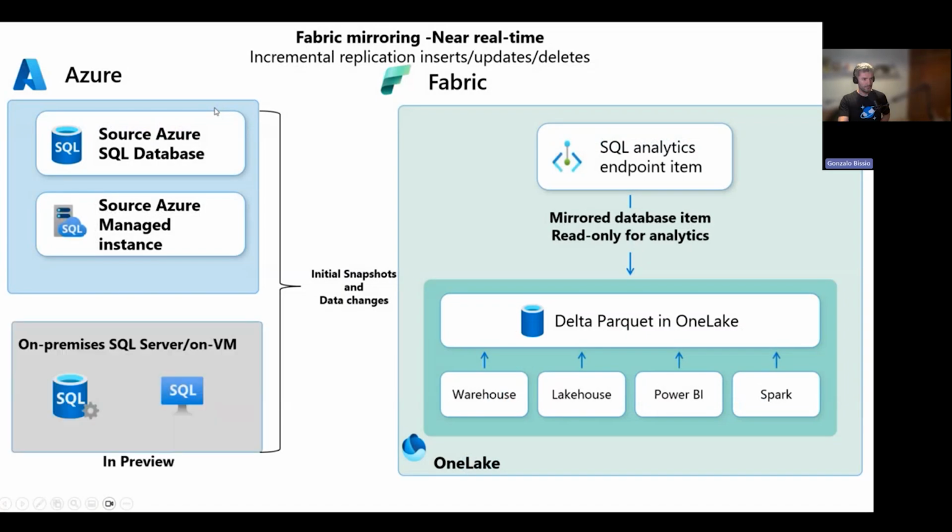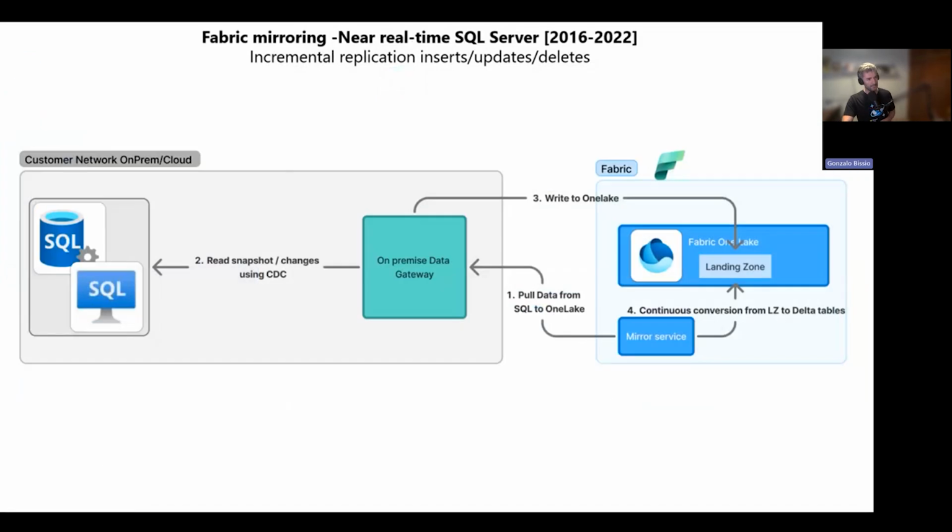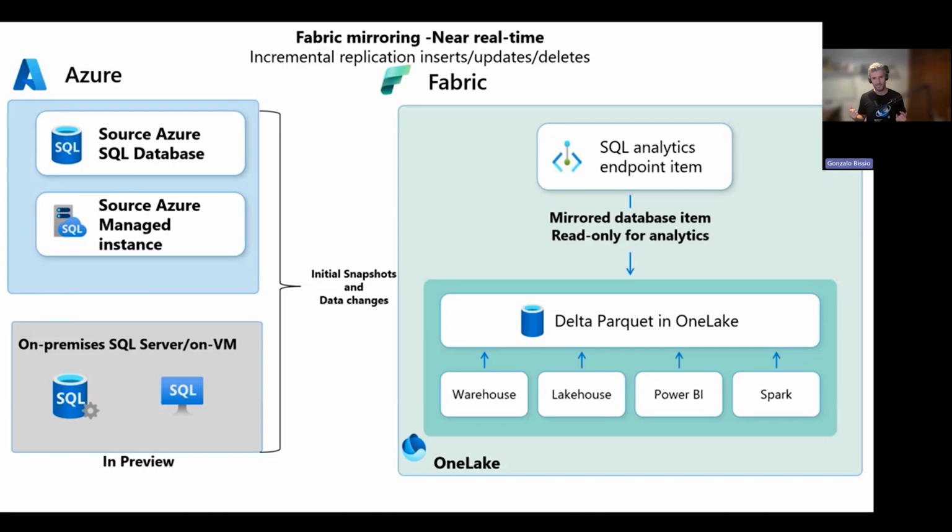So let's go to the internals. Basically, what is happening behind the scenes in the feature itself? Let's say that you are using change data capture today in SQL Server. Basically, what you do is create an initial snapshot of the table, you move the data, and then you enable change data capture in order to move the changes that are happening on the table from one side to another.